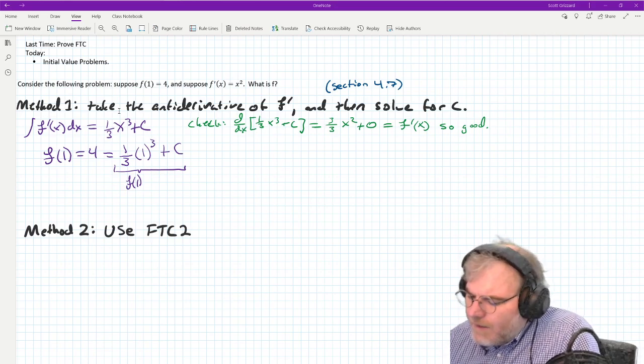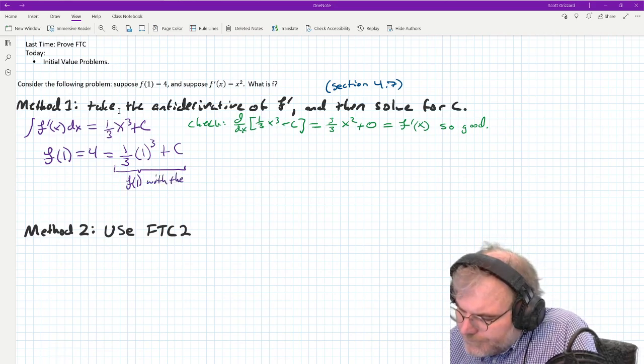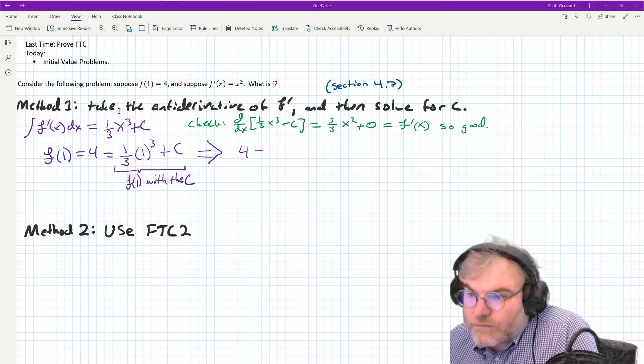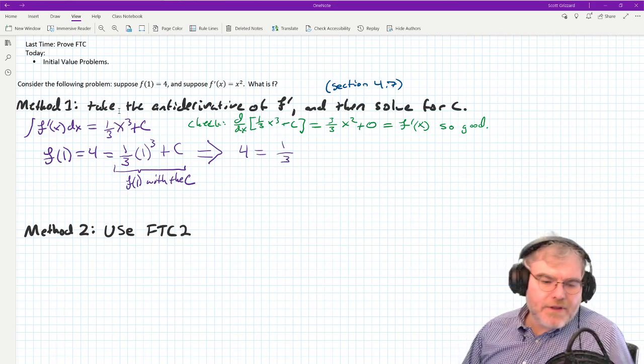Well, now I've just got numbers. So now I've got that 4 equals 1/3. 1 cubed is 1 times 1 times 1, which is 1.